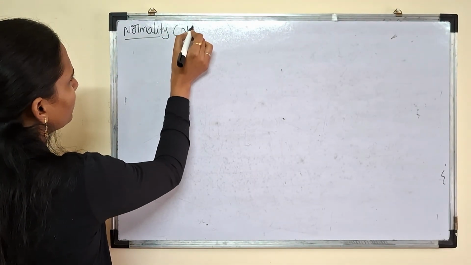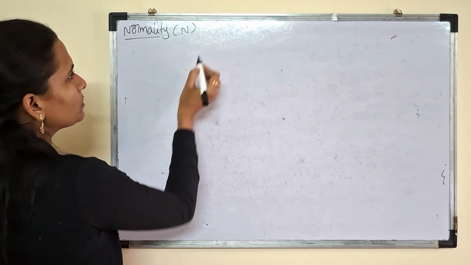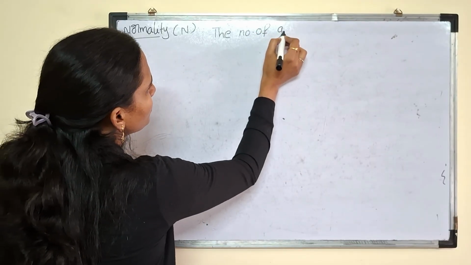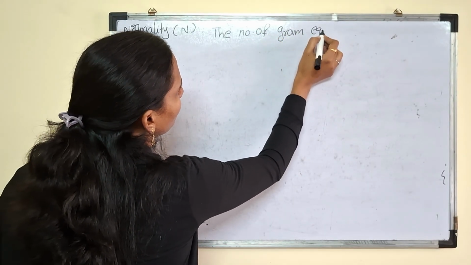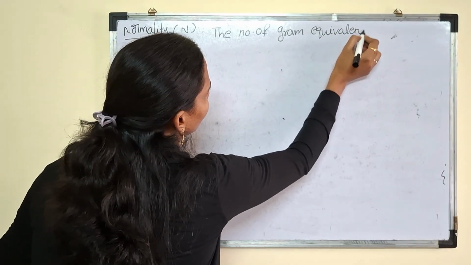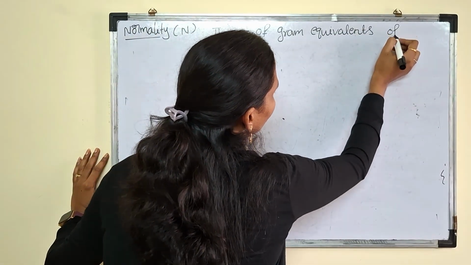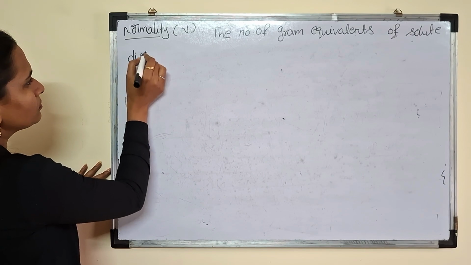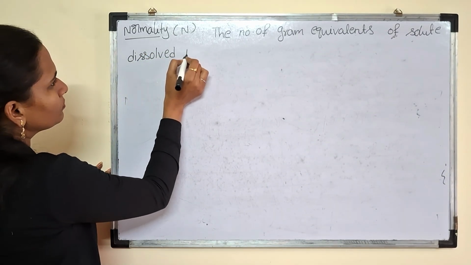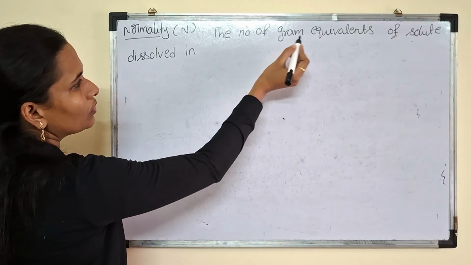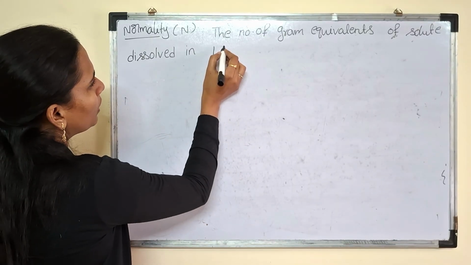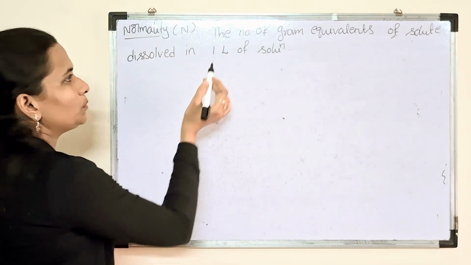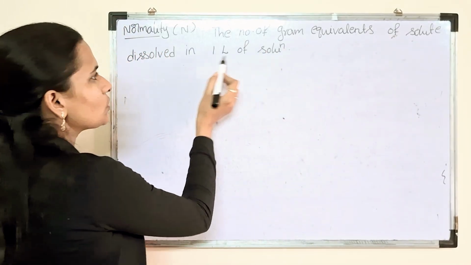Normality is represented by capital N. So what does normality mean? It is the number of gram equivalents of solute dissolved in 1 liter of solution.